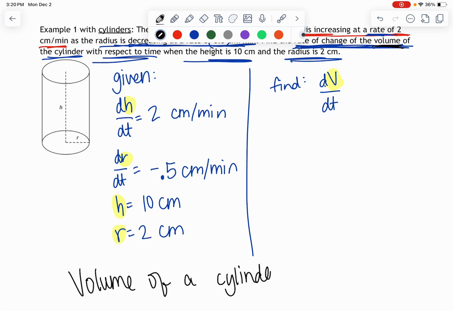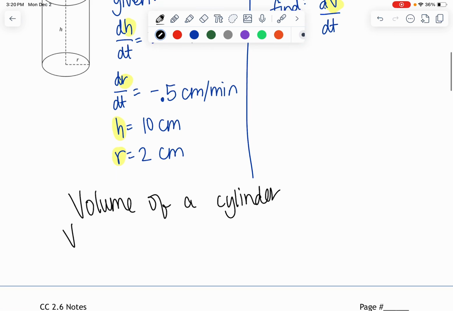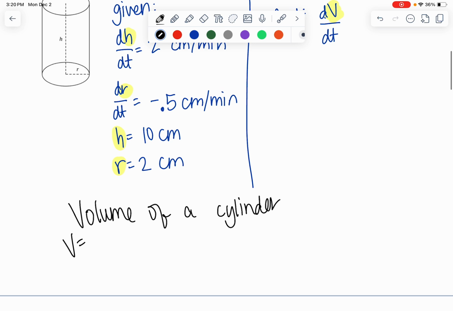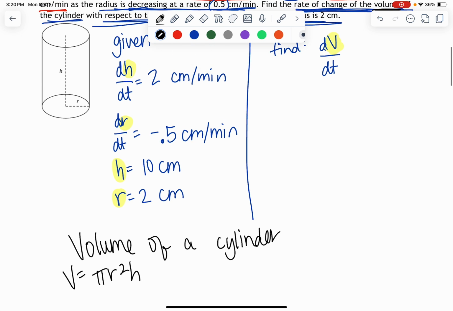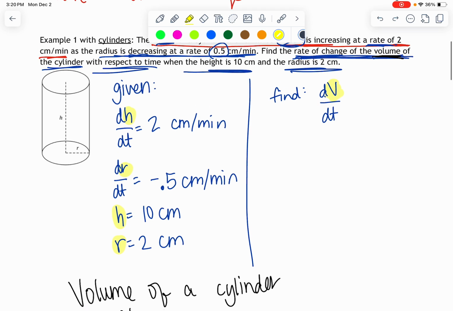V equals pi r squared h. When you do a problem like this, you need to figure out all that you're given, all that you're finding, and then make sure that you include all those variables in your equation. So it's usually volume, surface area, something like that. All right, that was step 2.